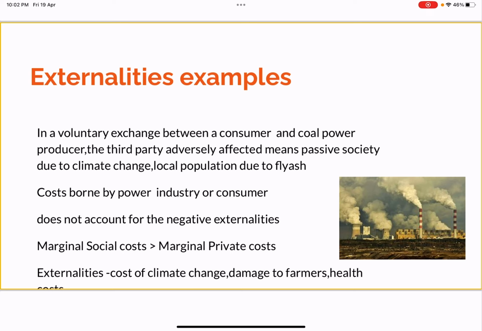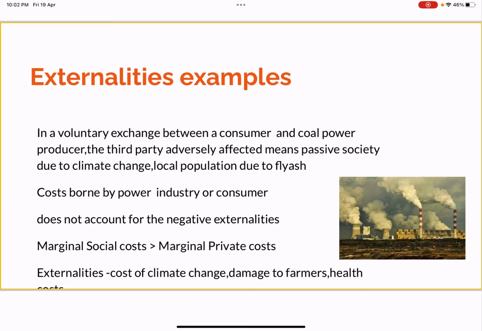But let us think of it this way: if the coal industry or the consumers are required to pay for the damages which are caused to the local population, or at a larger scale, the damage which might result because of, let us say, the emissions causing climate change, then that cost, when added to the private cost, becomes the social cost.